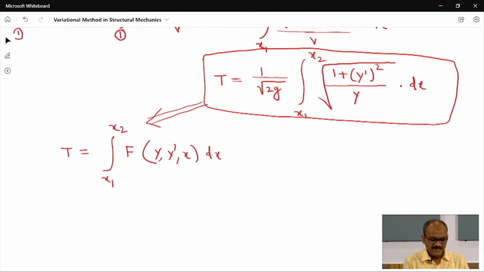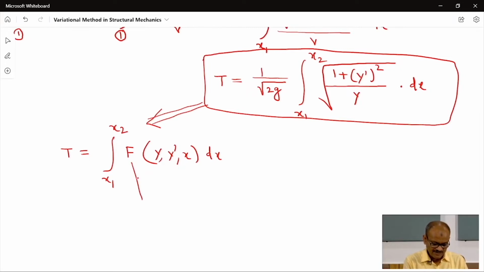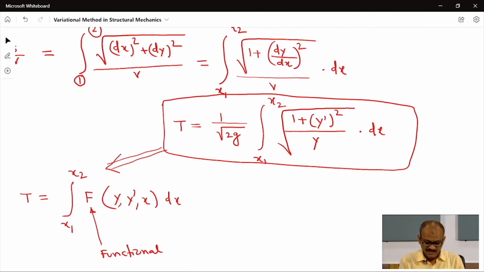So here this is the functional, this part. This is the same functional.